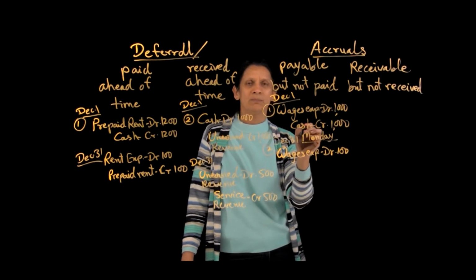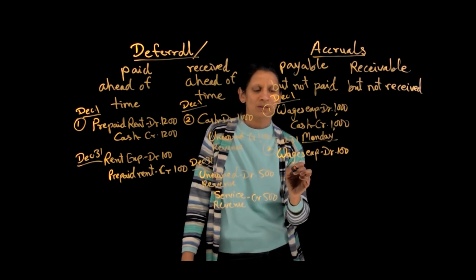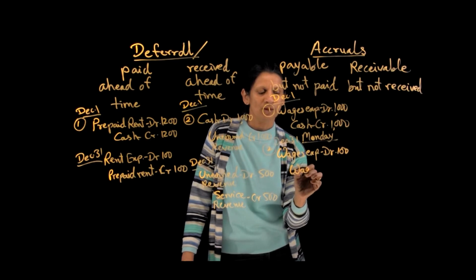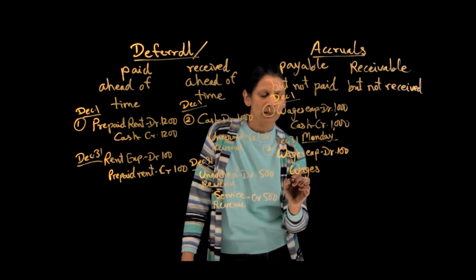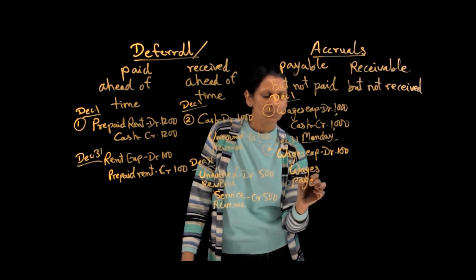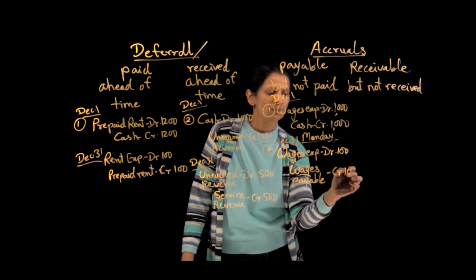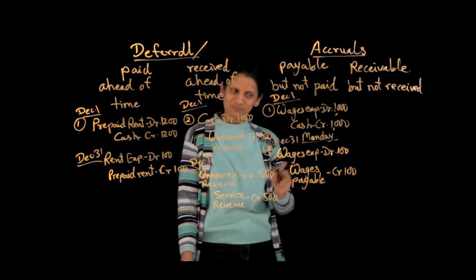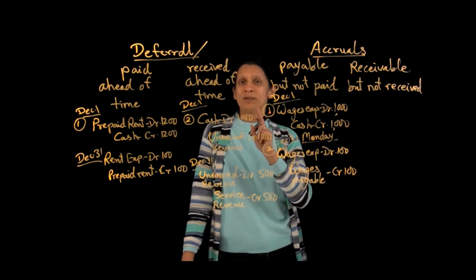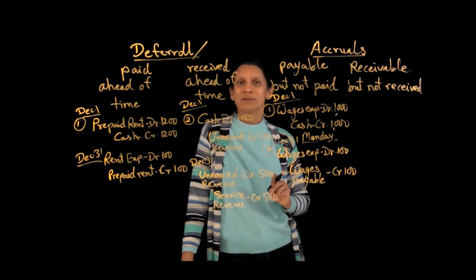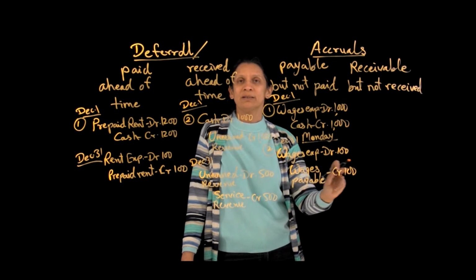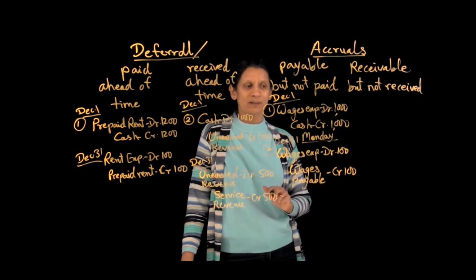And here I'm not going to pay cash, but I'm going to show the fact that it is my liability to pay that worker. So you will be crediting wages payable with $100. So once again, we touched one income statement account, wages expense, and we touched another balance sheet account, wages payable.